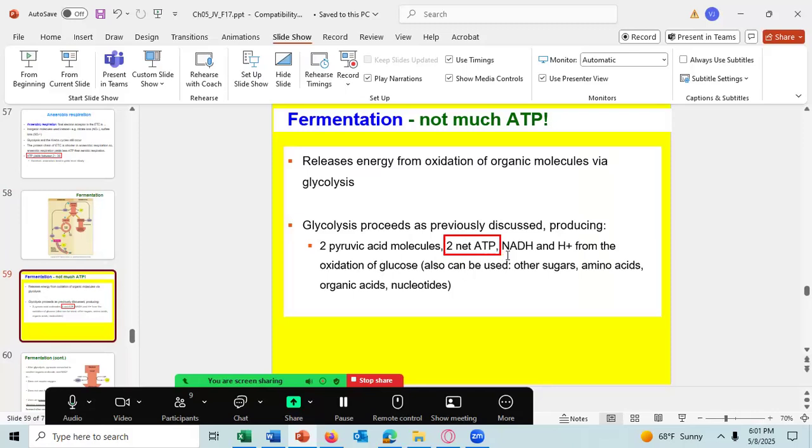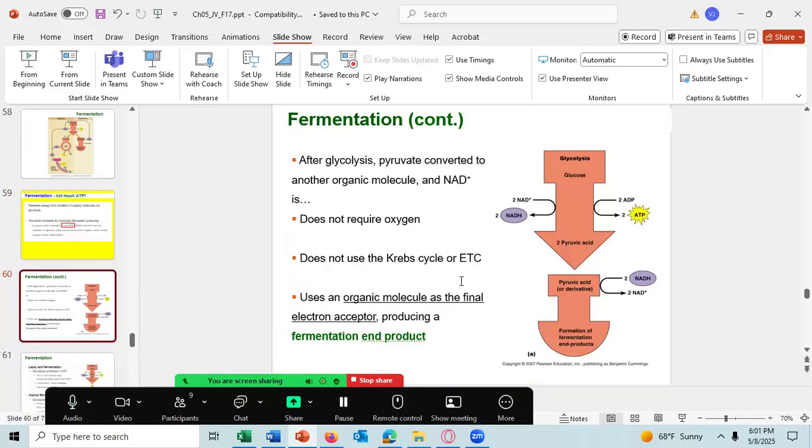We do generate some NADH and H+ from the oxidation of glucose, but that NADH is used up not to generate ATP, but to perform the fermentation step of fermentation. So the NADH will combine with pyruvic acid to make the end product of fermentation.